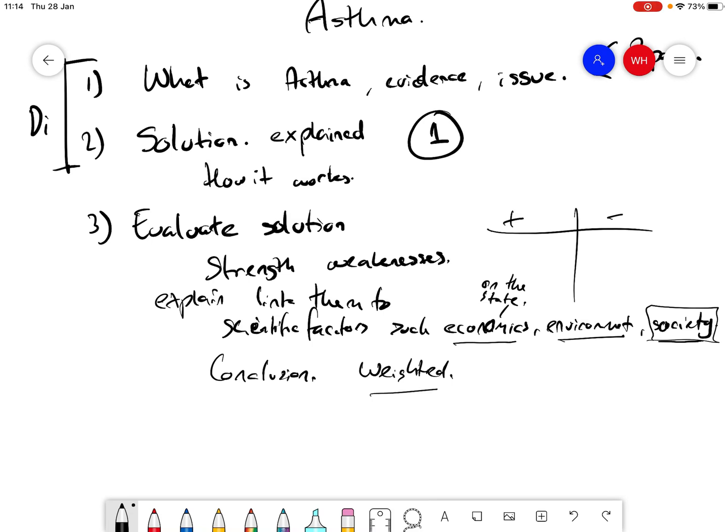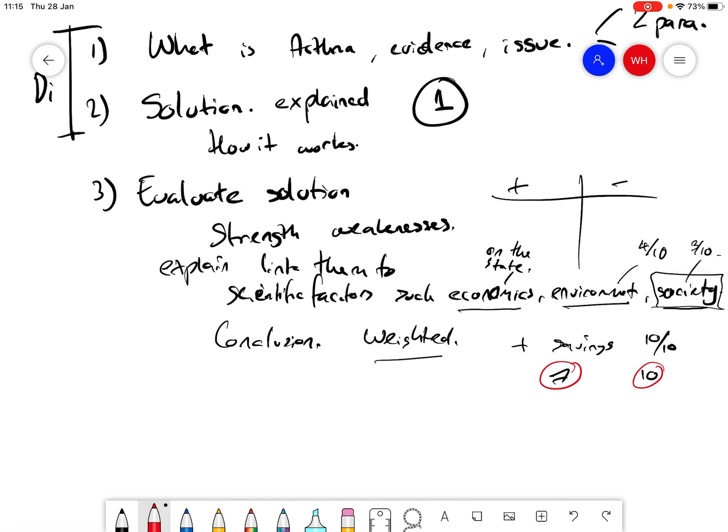A weighted version is where you say things like, well, the societal positive of saving lives is worth 10 out of 10, whereas the environmental impact of the odd canister being disposed is 4 out of 10, yeah? And then the stigma is only 3 out of 10 or something like that. So the negatives total 7 out of 10, whereas the positives, you don't have to do it out of 10 to be honest, the positives total 10, and so the positives outweigh the negatives, and therefore this is a good solution. That is basically the crux of your essay.